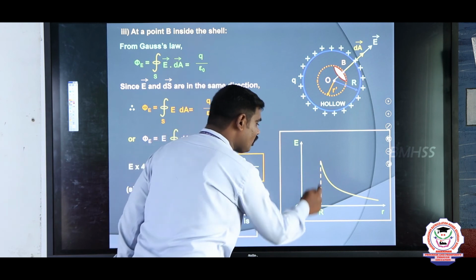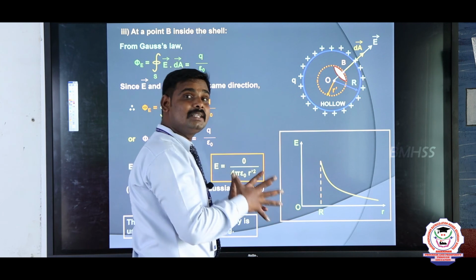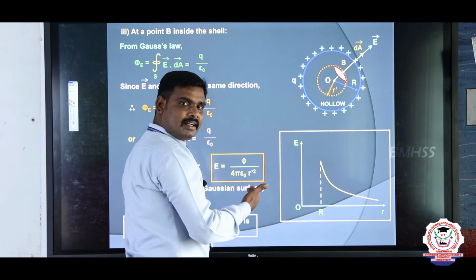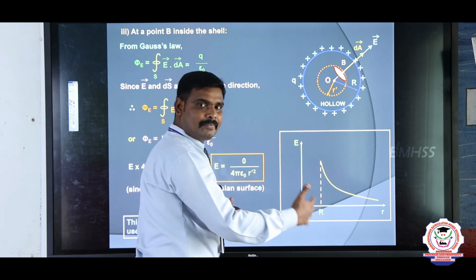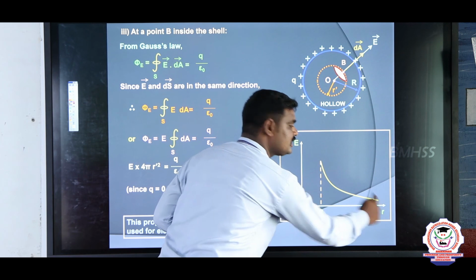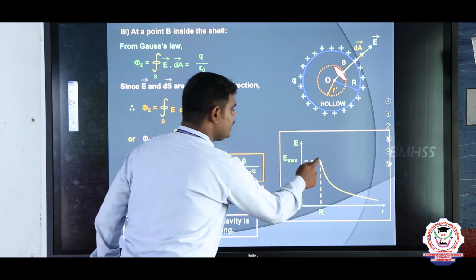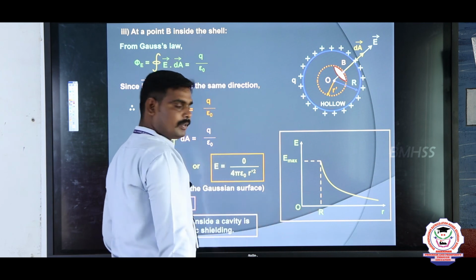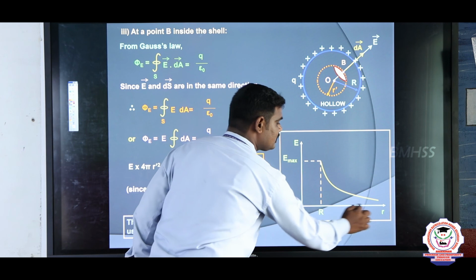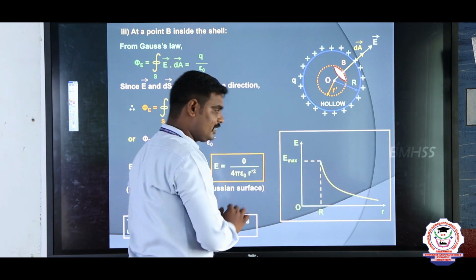On the surface of the charged shell, the maximum electric field is present. Then outside the shell, when I increase the distance, the electric field decreases. So E is maximum at the point R, and as the distance increases, the electric field decreases.